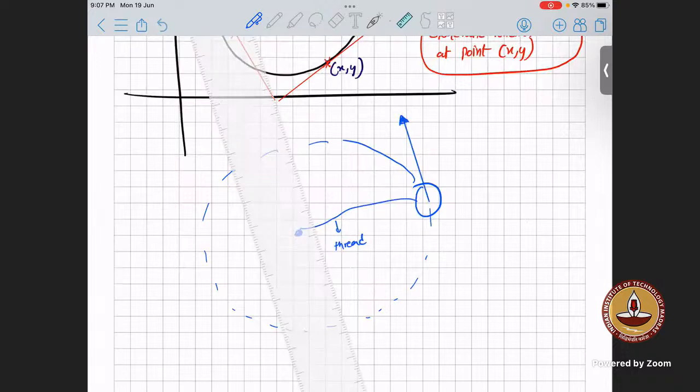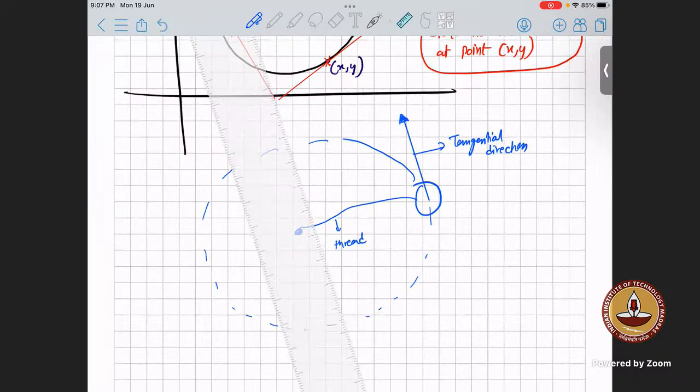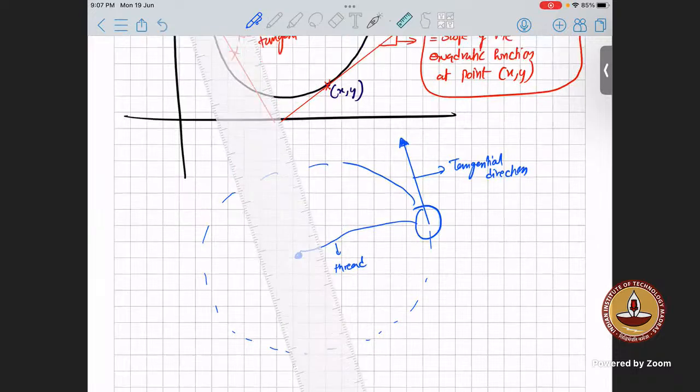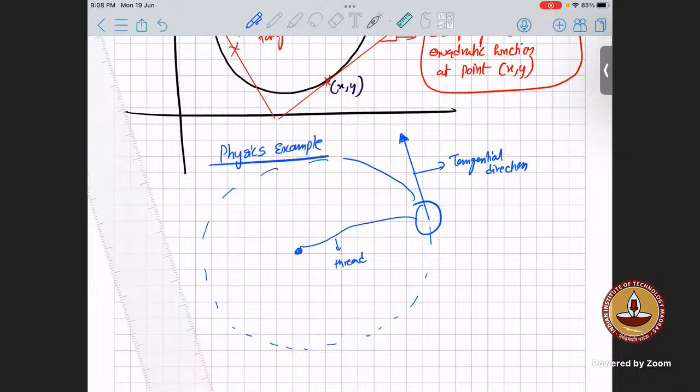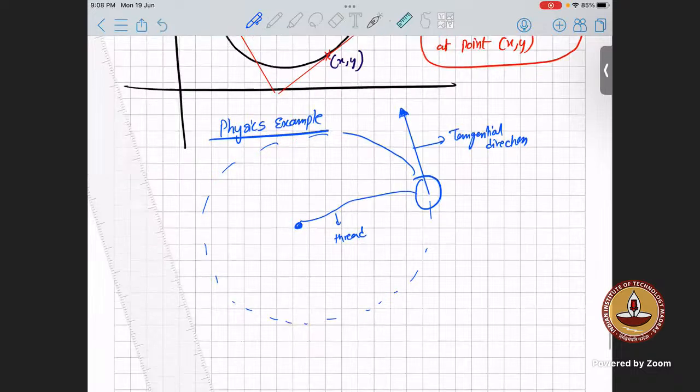This is the tangential direction, because it is a circle and it moves in a tangential direction. You can find the velocity after you leave, using the tangents and the slopes. Did you get the feel? This is a physics example. There are many such examples, but this shows the importance of tangents.